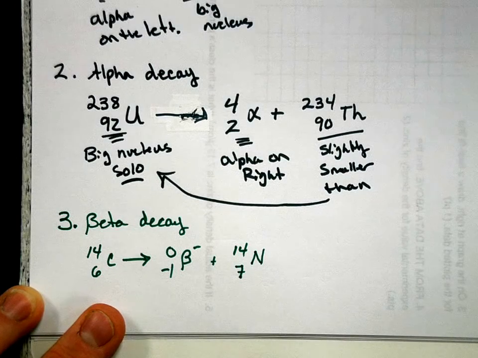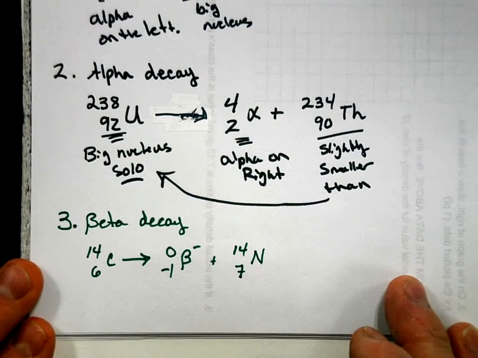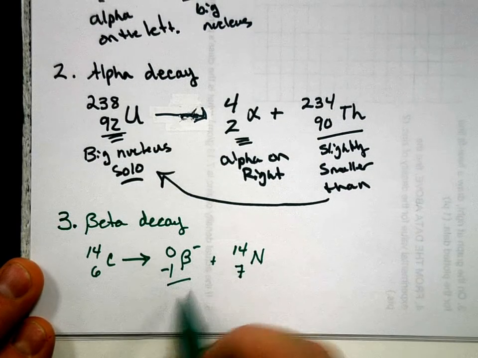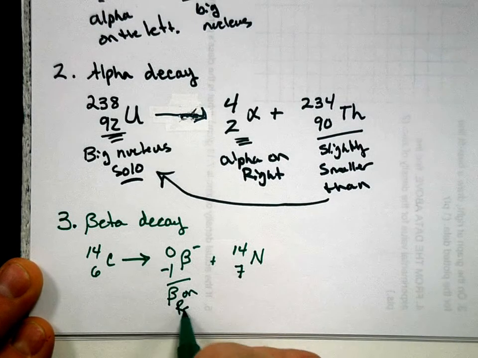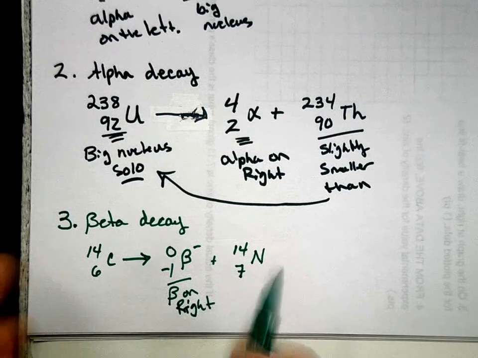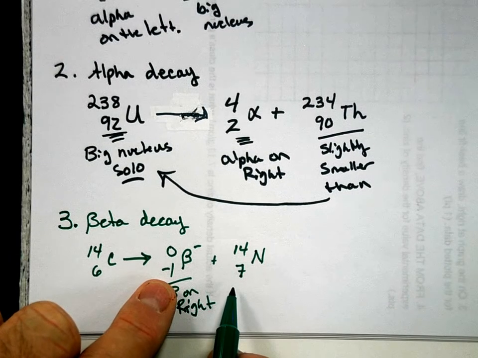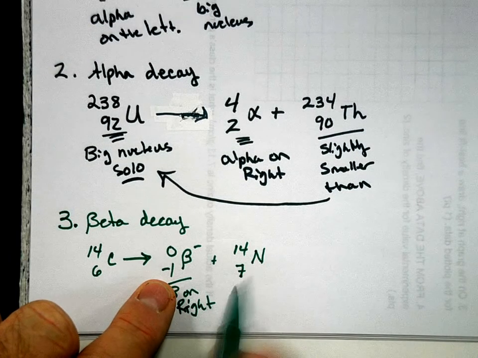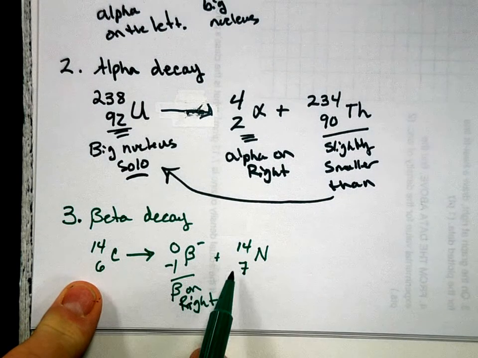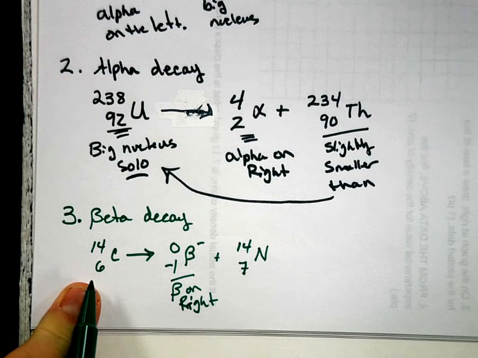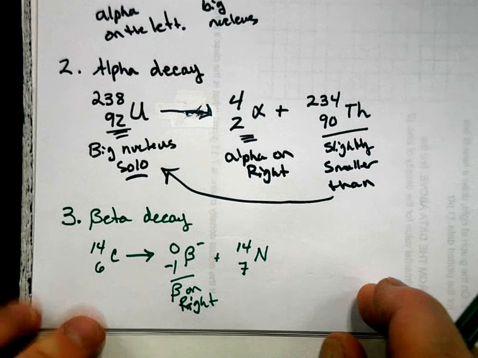Okay, so what do we look for? -1 plus 7 is 6, right? Atomic numbers on one side equal the atomic numbers on the other. Beta on the right is a beta decay.